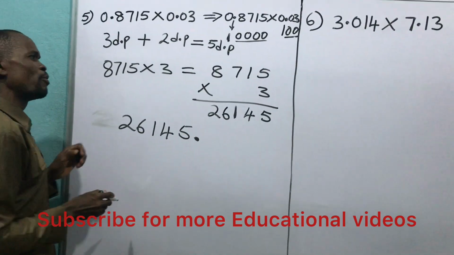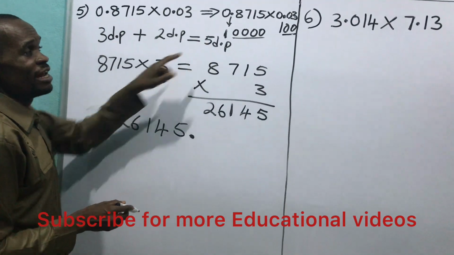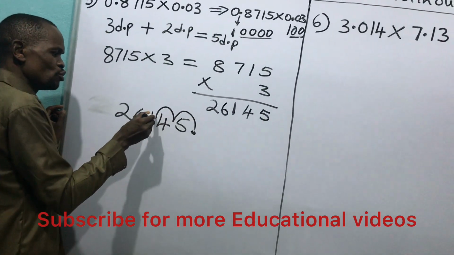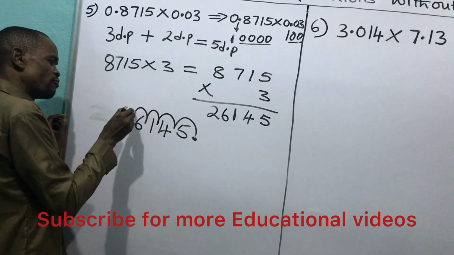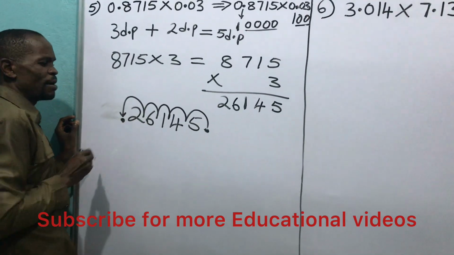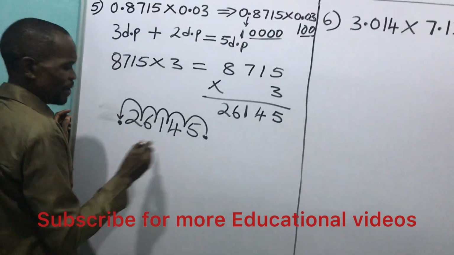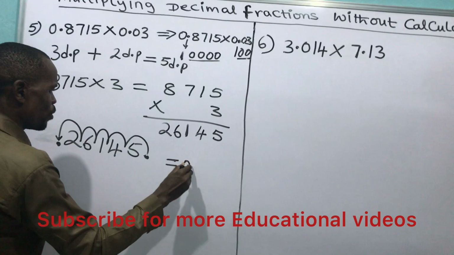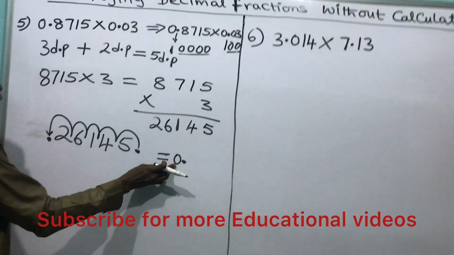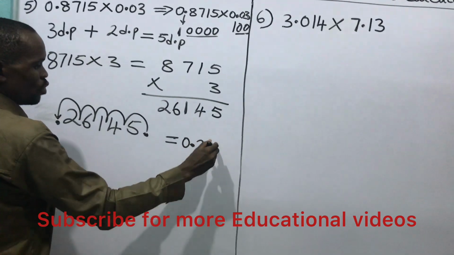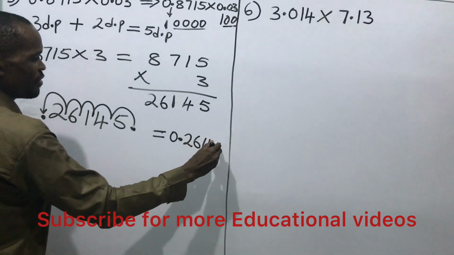Look at where my decimal point is. I have 5 decimal places here. Returning it, I have 1, 2, 3, 4, and 5. That means this is where my decimal point will be. Then this is 0 point, with 0 as the placeholder, 26145.